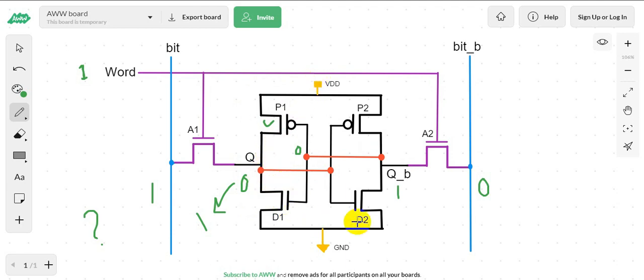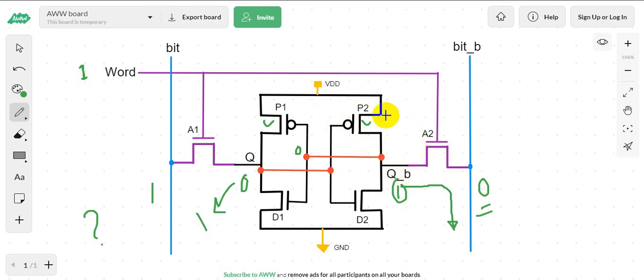So that's why we made bit bar 0, because after turning on the A2 transistor, a potential difference is created and the current will flow from the Q bar through A2, right? But here we will face the same fact as in the read operation. This P2 will try to keep Q bar 1 and A2 will help to make Q bar 0.